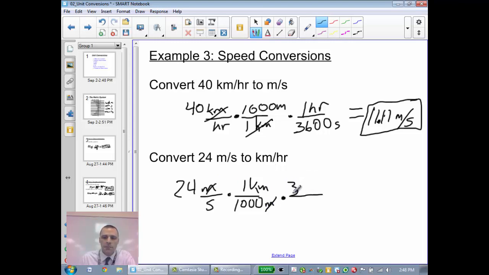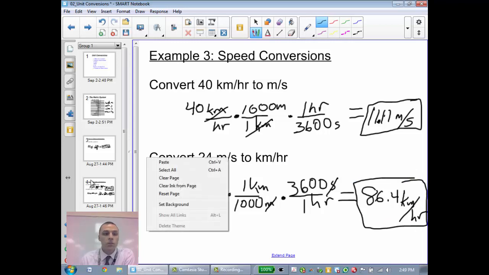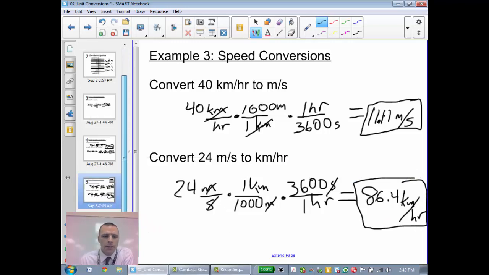And then for time, there are 3,600 seconds in 1 hour, so seconds cancels. And doing this math out, you end up getting an answer of 86.4 kilometers per hour. I'll box that answer. So those are some more complicated speed conversions, and we'll do a lot more of those. We'll do some practice as we go.